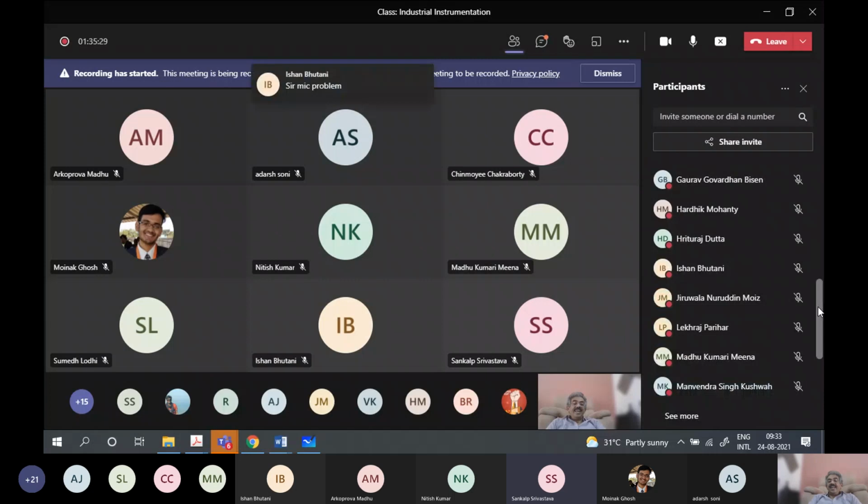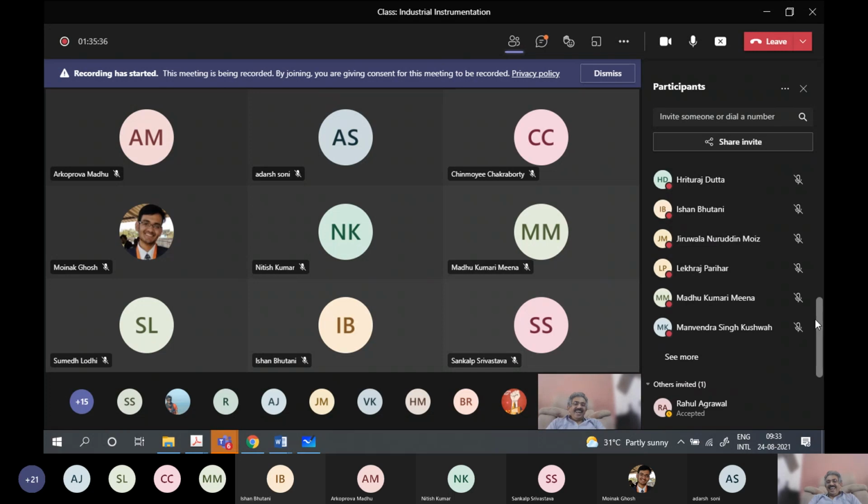So Ishan, this is funny. Anyway, who will speak? Manavendra Singh Kushwaha, are you there? This is interesting. Very interesting.